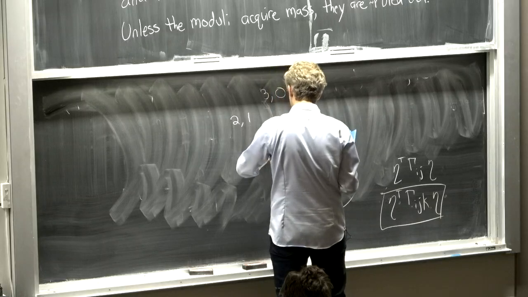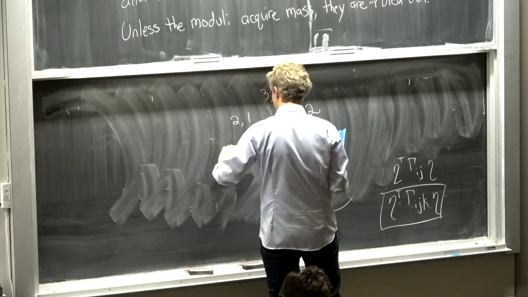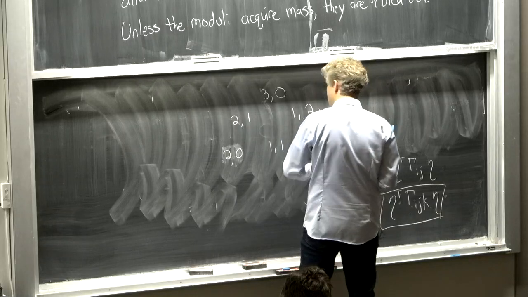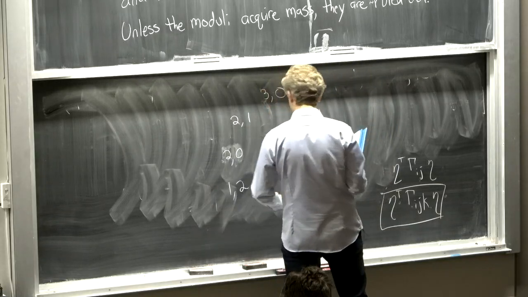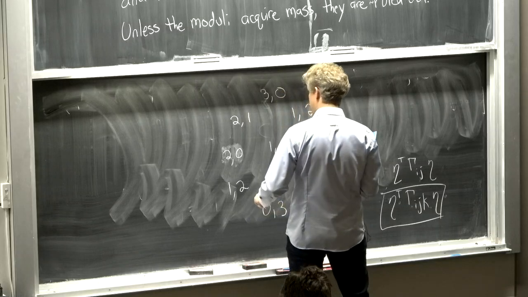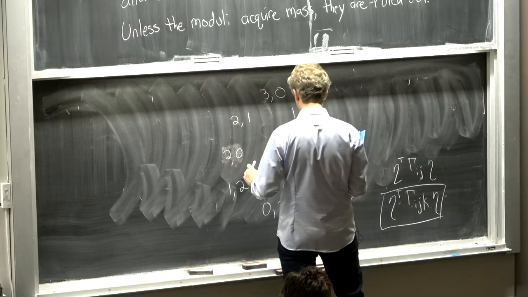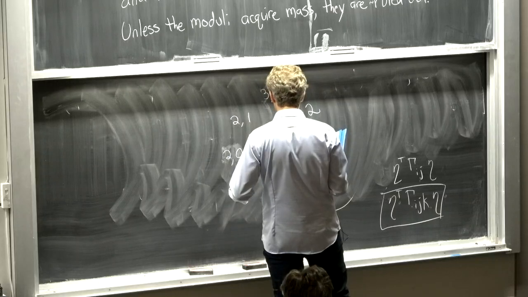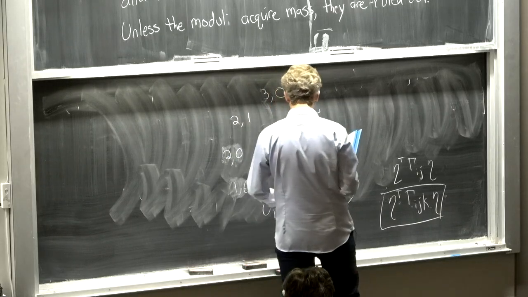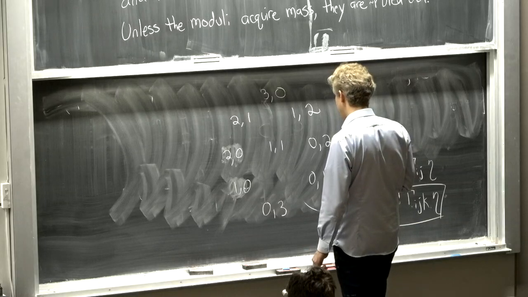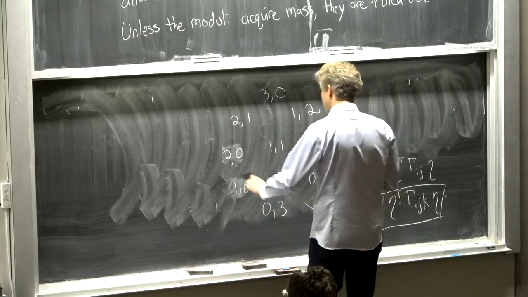I want 1, 1, 2, 0. 0, 2, 1, what am I doing? 0, 3, let's see, 3, 3, 2. I've succeeded in writing the Hodge diamond wrong. What do I want here? No, I want 3, 0.